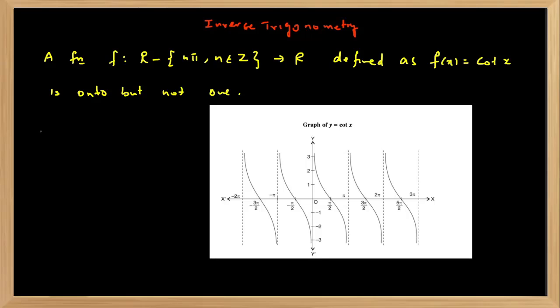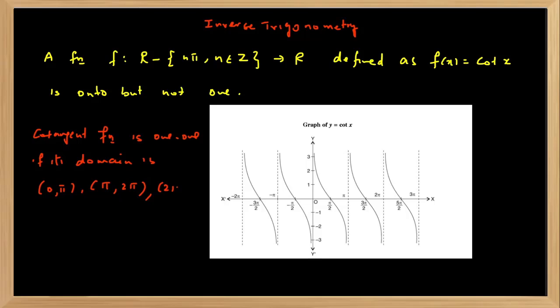So I can say cot function is 1-1 if its domain is open interval 0 to pi, or pi to 2 pi, or 2 pi to 3 pi, etc. Similarly minus pi to 0, minus 2 pi to minus pi.